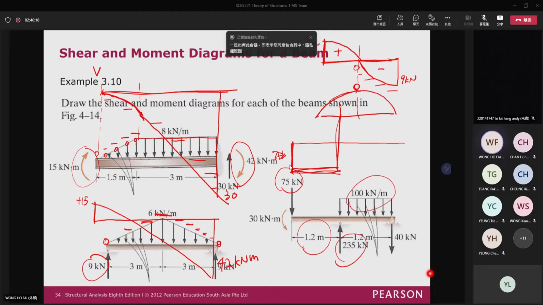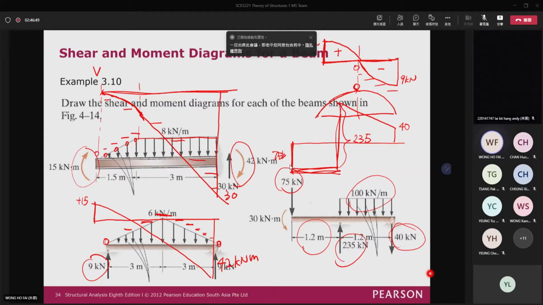And then it is a constant slope going downward. And then finally, it asks you to go down for 40. So this one is how you can draw the shear force diagram, okay?